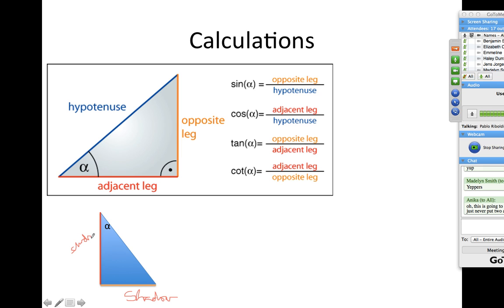This is basically the situation, and what I need to measure is this angle here, the angle between the stick and the shadow. I do know the length of the shadow and I do know the length of the stick. That is what I did in the video, if you remember.